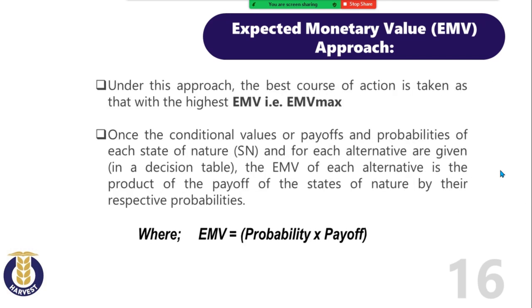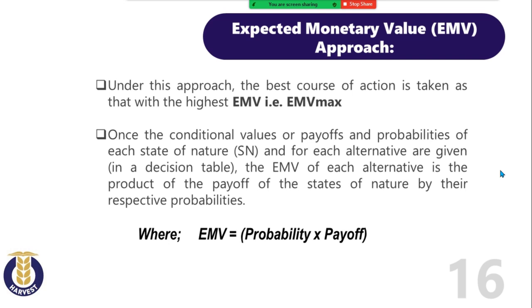I will focus on the expected monetary value, and then the opportunity loss will come in as I discuss the environment of uncertainty. Now, under the expected monetary value approach, the best course of action is taken to be that with the highest expected monetary value, EMV maximum.